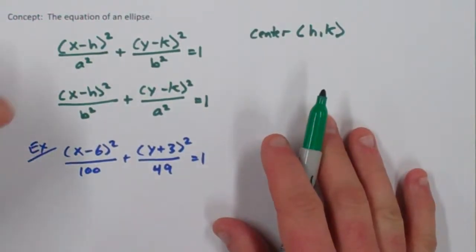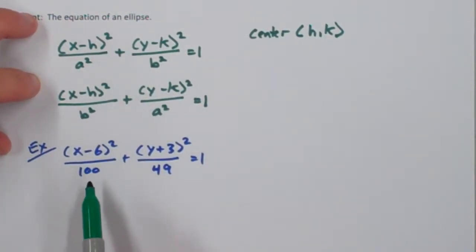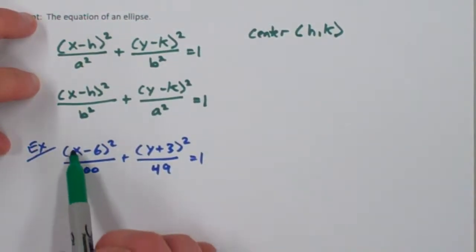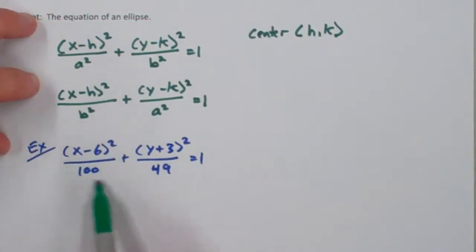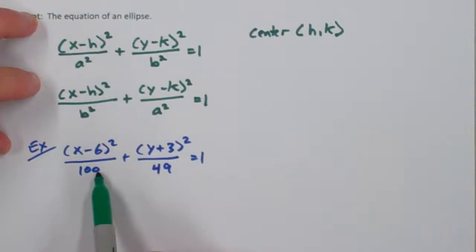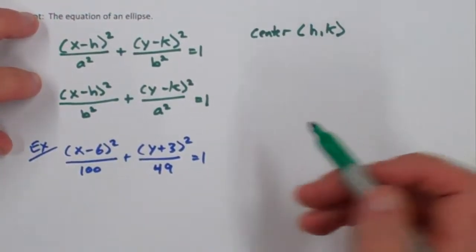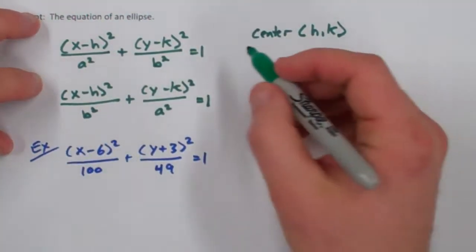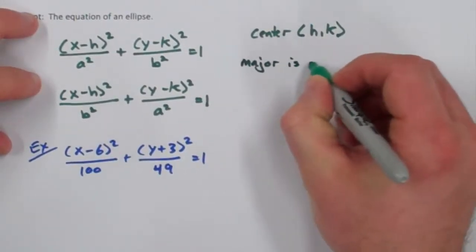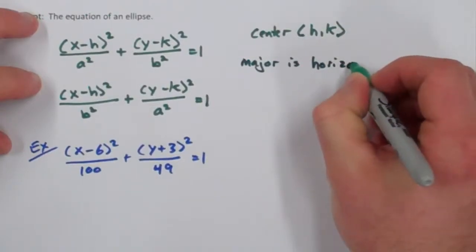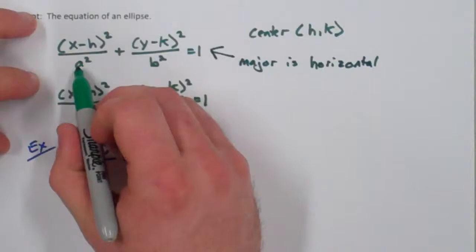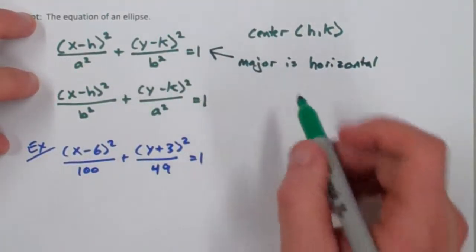We can use our example here. We can say, all right, 100 is bigger than 49, and 100 is in the x term here. And so this major axis will be in the x direction, or left and right. Another way to say that is that the major axis is horizontal. So anytime you have that larger value underneath the x, the major axis is going to be horizontal.